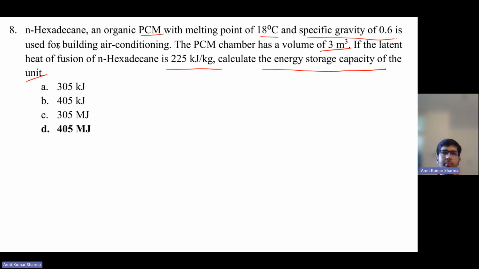You have been given a volume and specific gravity. So maybe from that you can find the mass, and you have also been given the enthalpy. Then if you multiply those, that can be the storage capacity. Think in this direction. Let me know the answer.